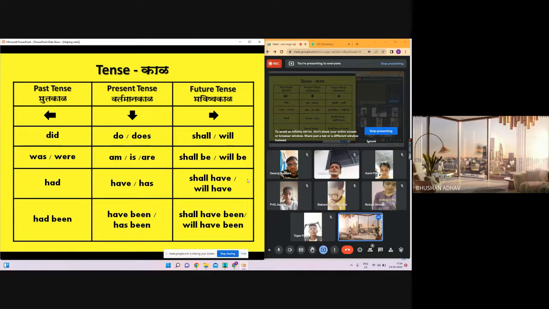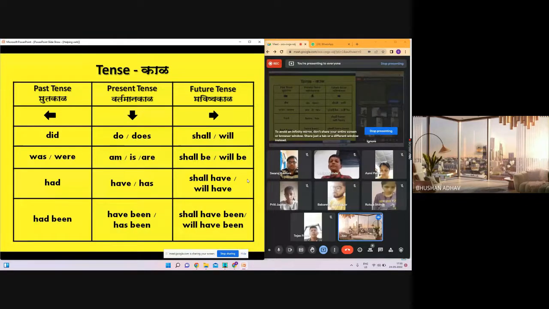So to recognize the tense in a sentence, you must recognize the to be form in the sentence. So 5 words you have to keep in your mind by heart. Which are those? Did, was, were, had, and had been.